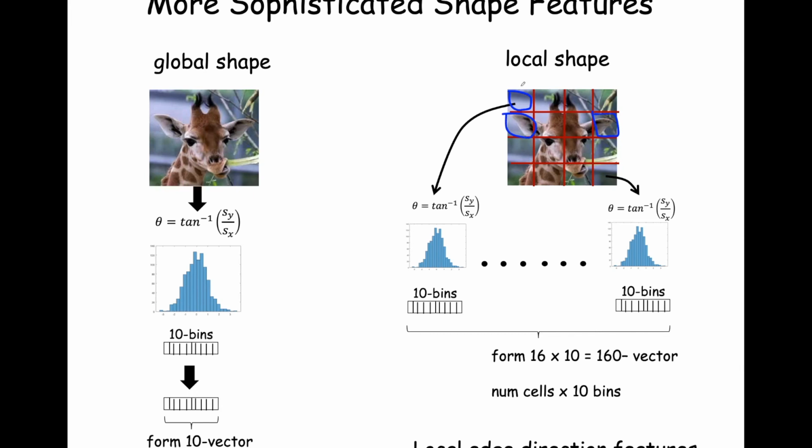Simply by ordering these cells in some regular order for all images, the first cell, the second cell, the third cell, we're now representing not just the content of the edges, but the relationship between the edges in different parts of the image. So now we can use this 160 vector as a richer local shape descriptor. We take the parts of the image and say, this is the shape in this part relative to the other part. This gives us the added descriptor of relative relationships between patches or regions of your image.